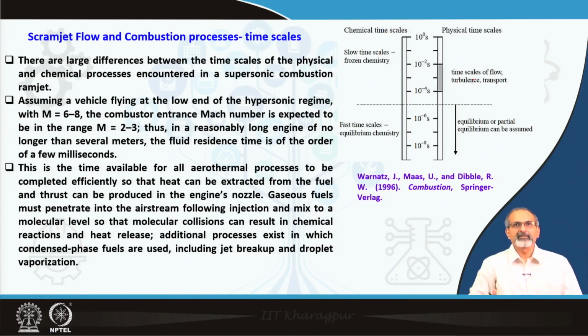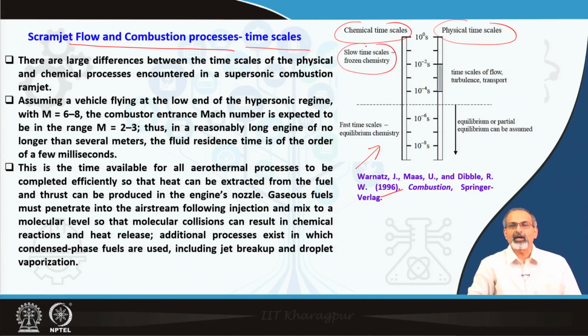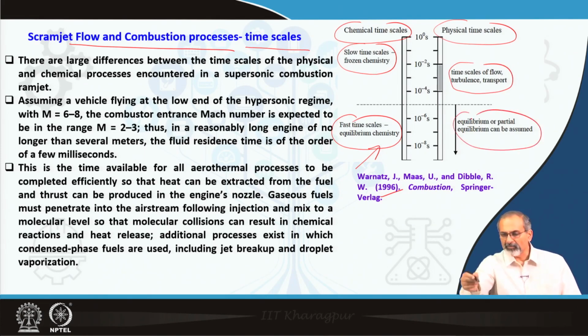A little bit more on the flow and combustion processes, typical time scales. So, this is a typical figure taken from Warnatz's book, related to the chemical time scales on one hand and the physical time scales, and then you see that on the upper end in the chemical time scales you see the slow time scales, frozen chemistry, and the fast time scales, equilibrium chemistry, and then the time scales of flow, turbulence, transport phenomena on one hand, and equilibrium or partial equilibrium assumed in the other.